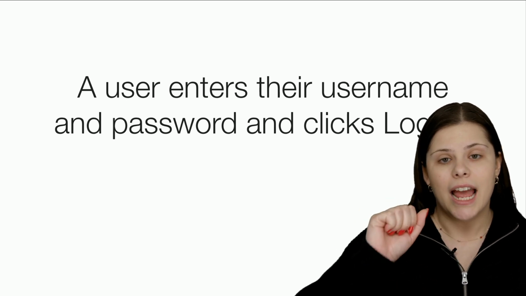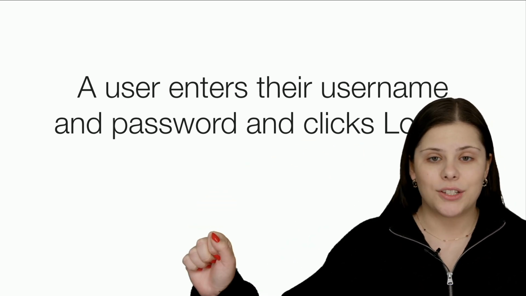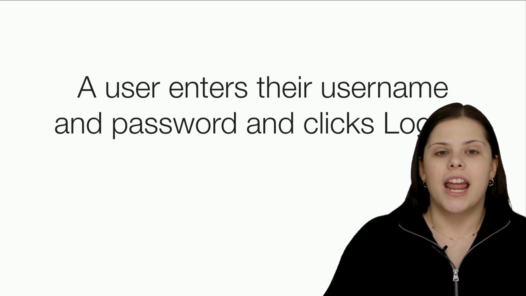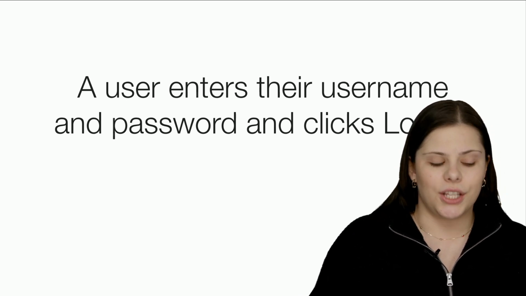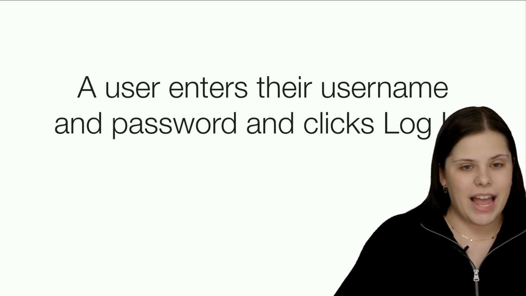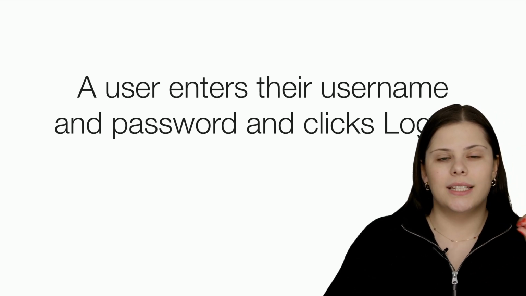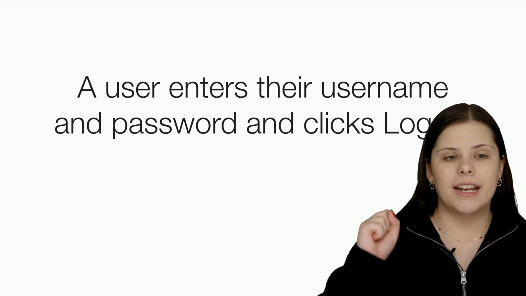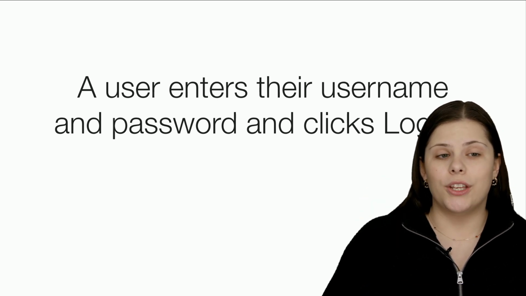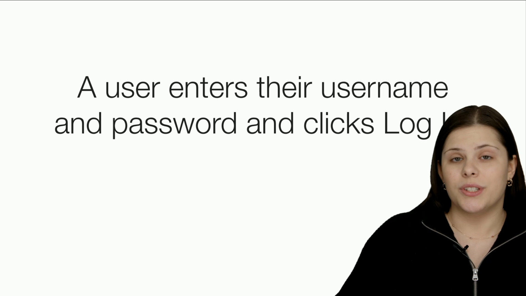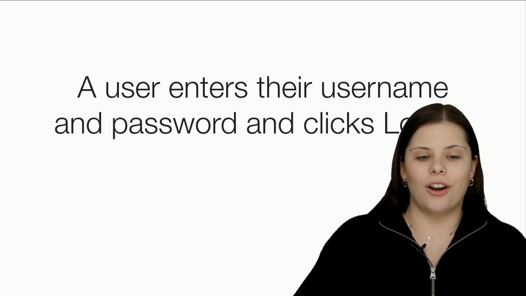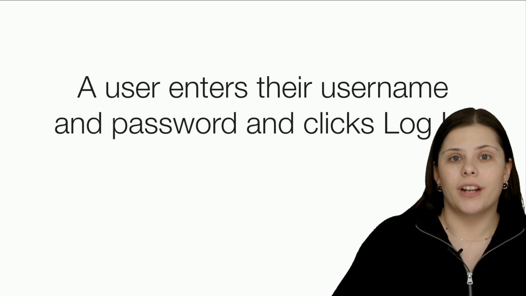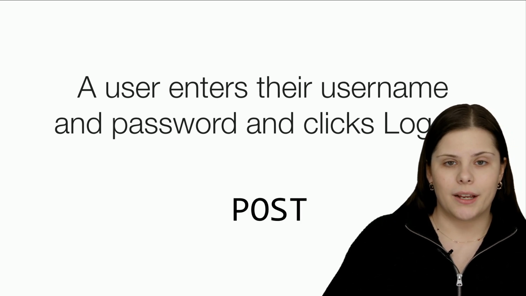So I'm sending some information back to my app.py so that maybe I can go into the database and check, is the password correct and does the user exist? So anytime you have this submit action, grabbing information from the user and giving it to app.py, you want to use post. And while you could still use get, post adds a layer of security to your information because we wouldn't want your username or password to be public.